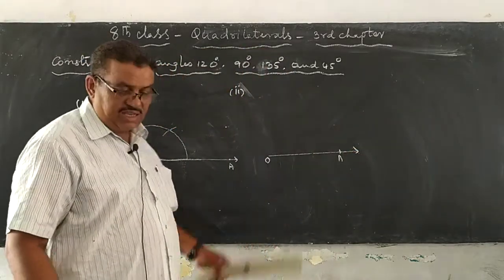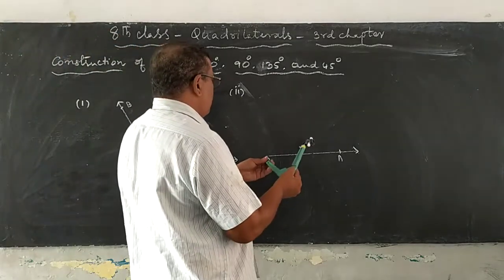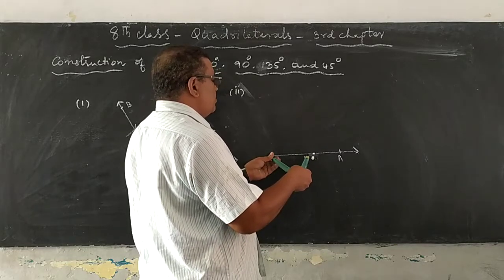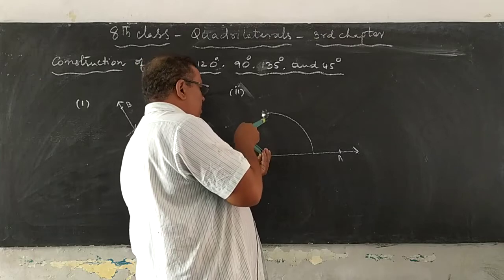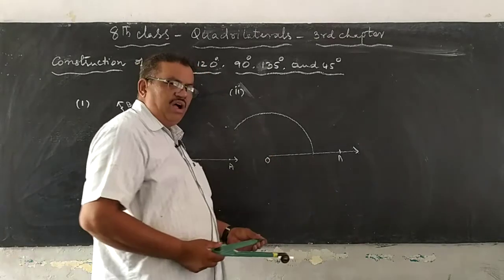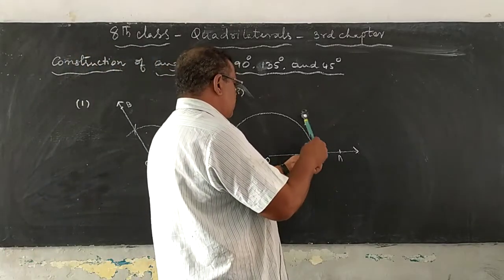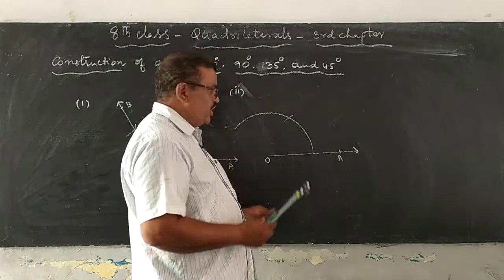Afterwards, with O as center, take the compass, with some convenient radius, draw an arc. A long one is enough. Now from here onwards, the first cut is how much angle? You know that. The first cut is 60 degrees.